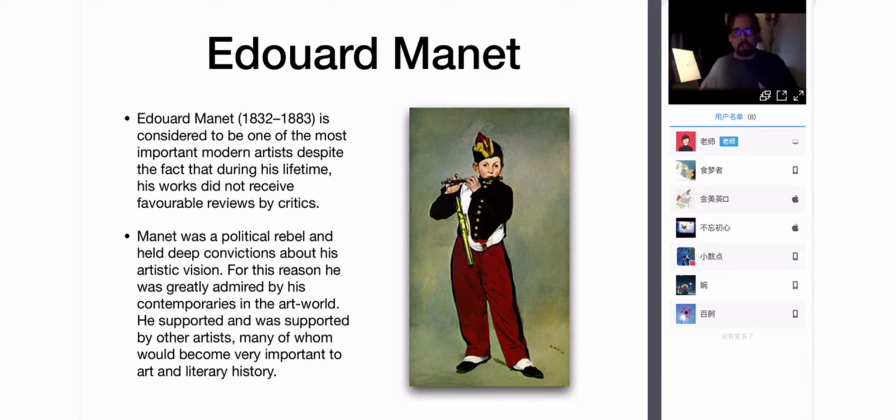These were marching musicians that were there to motivate the soldiers. So children went out with soldiers in war. So perhaps there is some commentary or criticism being made by Manet in these kinds of paintings.